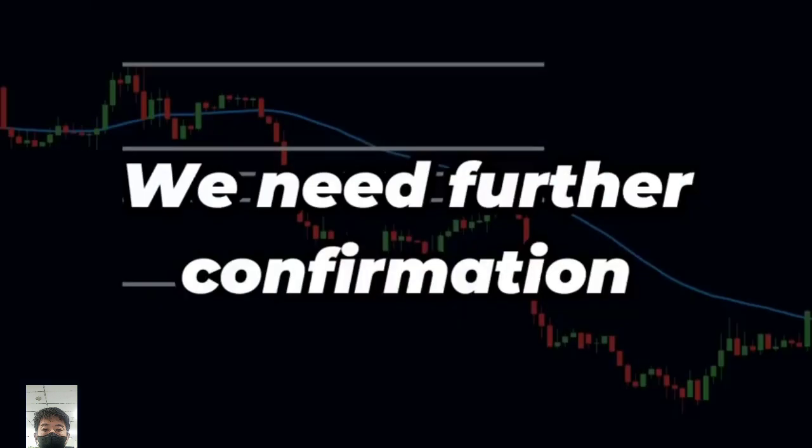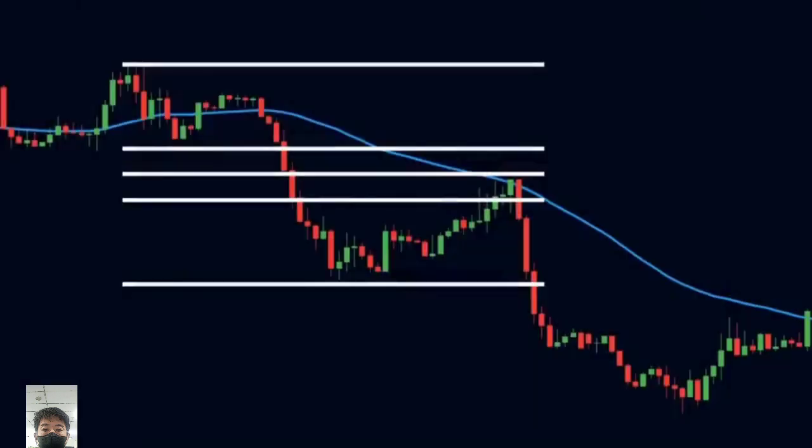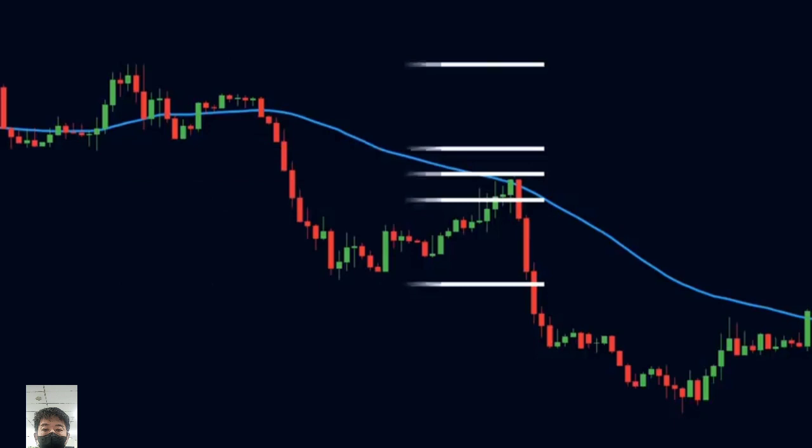We need further confirmation. When the pullback develops further, we see that the 50-period moving average coincides with the 50% retracement level. If you remember, we established earlier that the 50-period moving average also acts as a level of support and resistance.